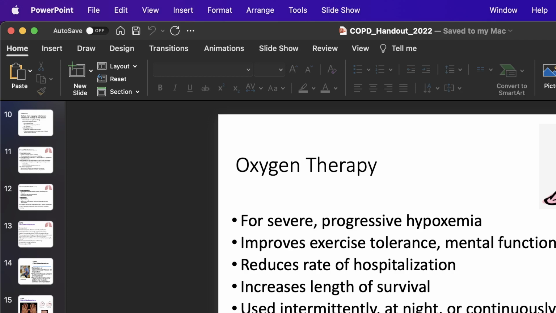You with me? So for them, their stimulus to breathe is going to be a low oxygen level. So even though we treat them with oxygen because they have hypoxemia, we have to be careful not to give them too much oxygen because it can remove that stimulus to breathe.